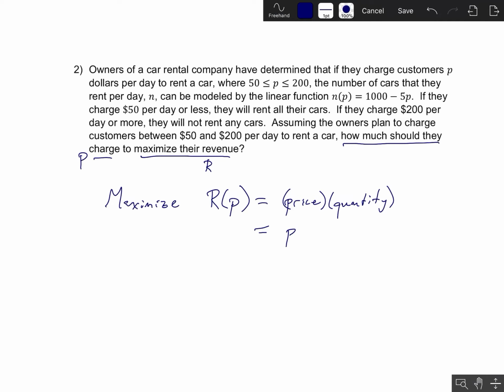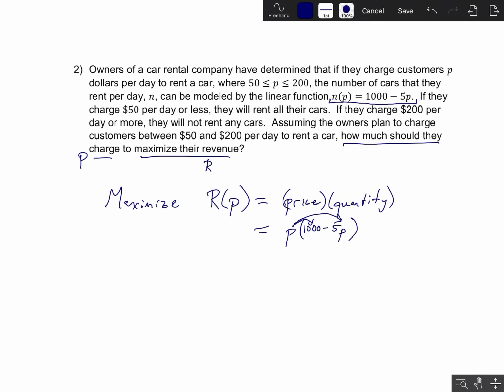Now, because I want this to just be a function of the price, I can use P as my variable here. P represents the price, and then I want to multiply by the quantity that we sell. But in this case, we're told in the prompt that the quantity sold is equal to 1,000 minus 5P. So this will be 1,000 minus 5P. So this is what we want to maximize.